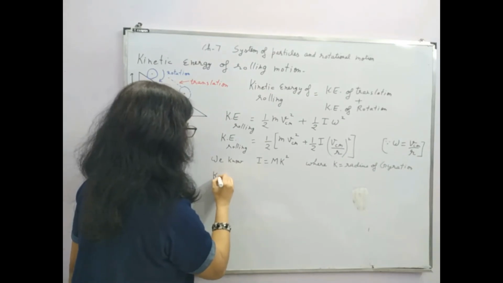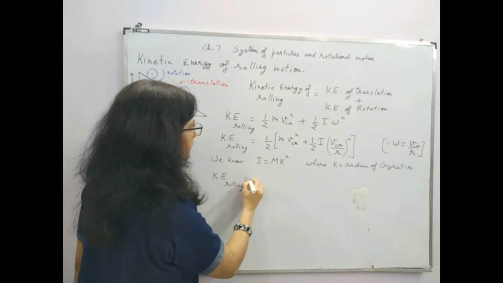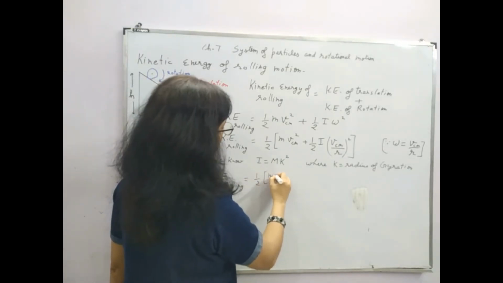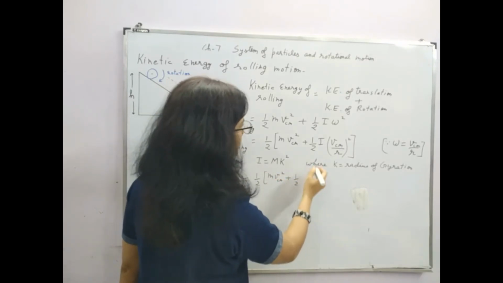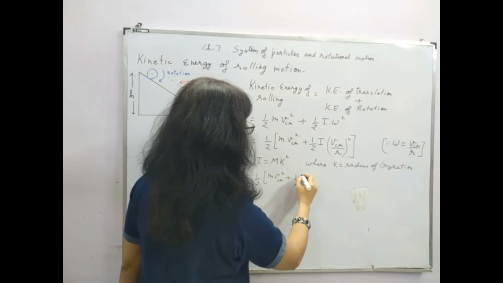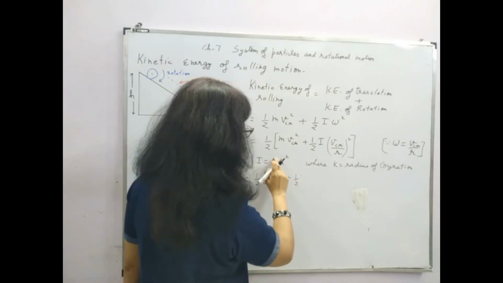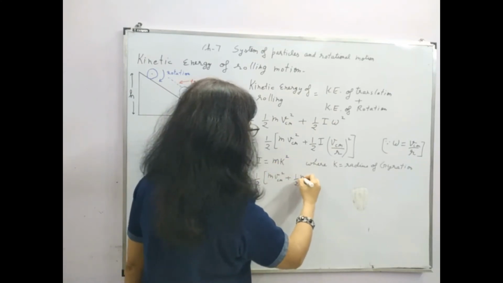So the expression becomes half mVcm square plus half, if we are taking small m as mass, so here also we will write small m.